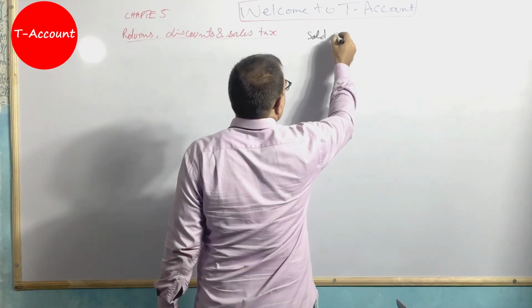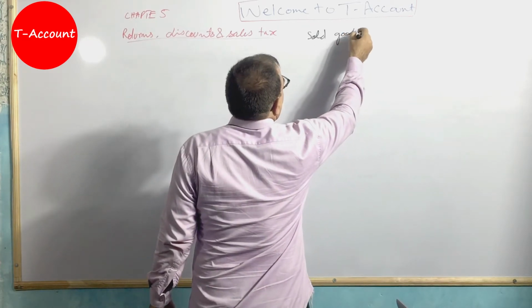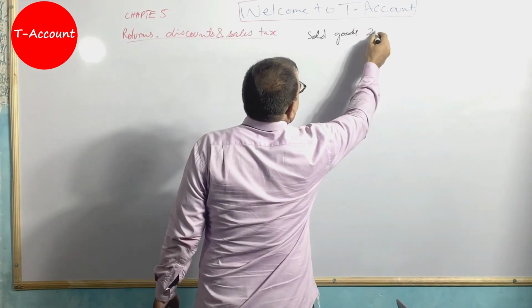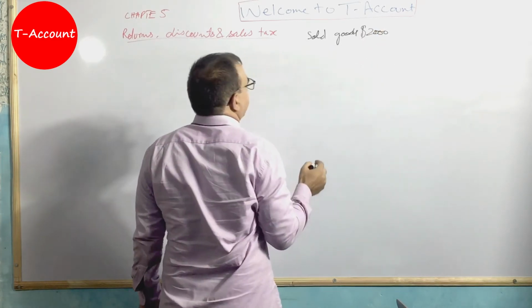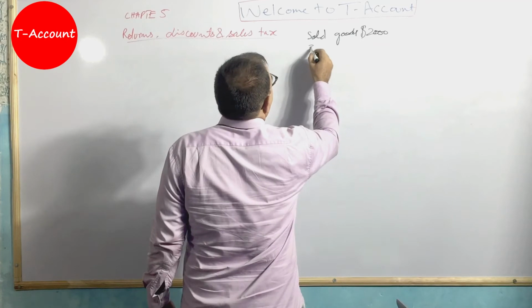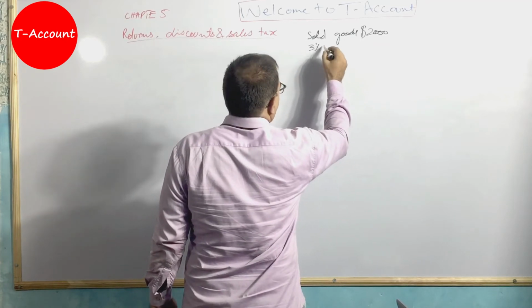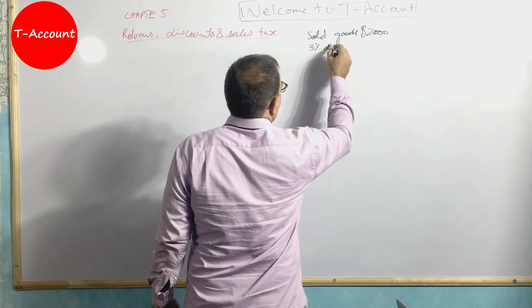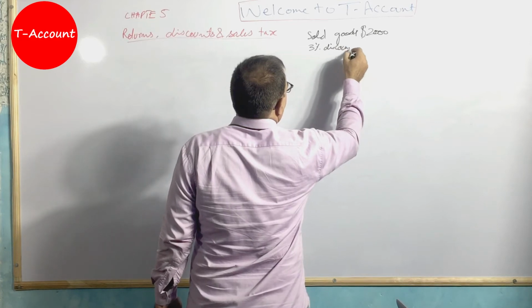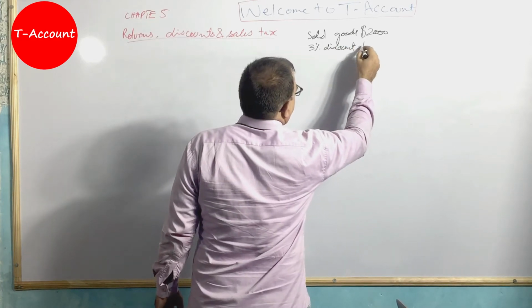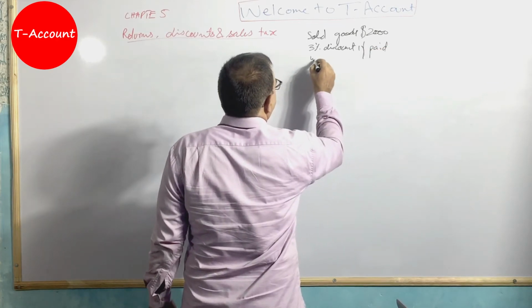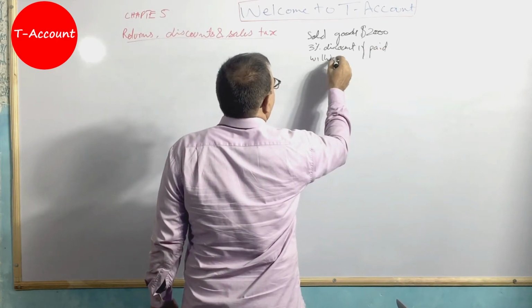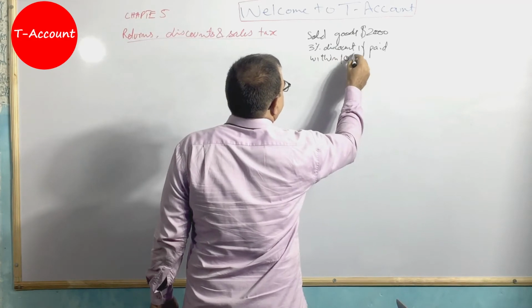Sold goods for $2,000, and offered 3% discount if paid within 10 days.